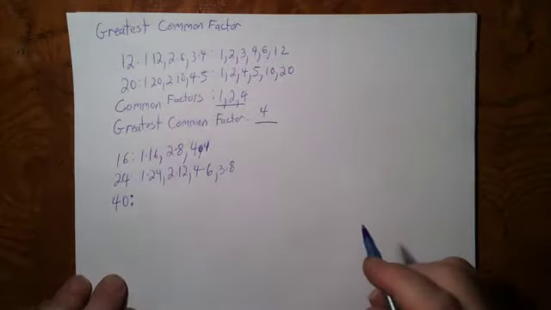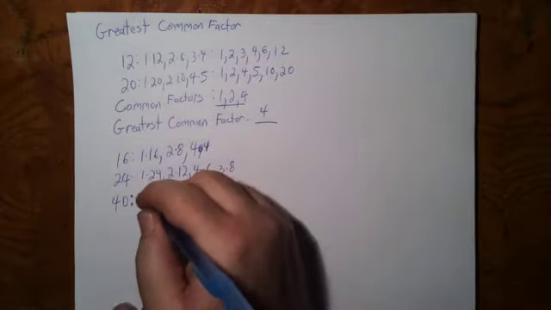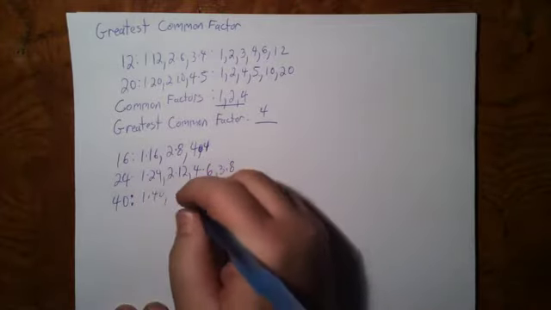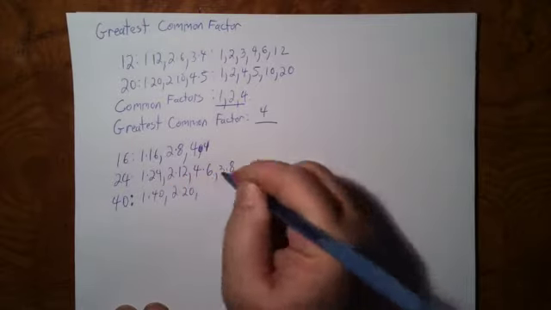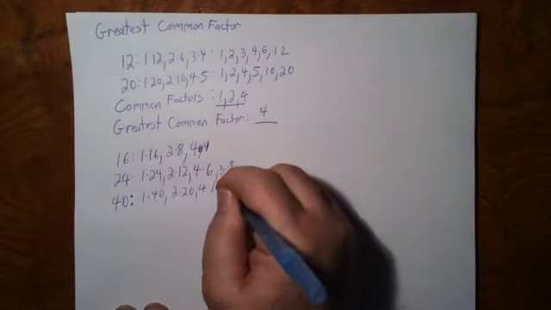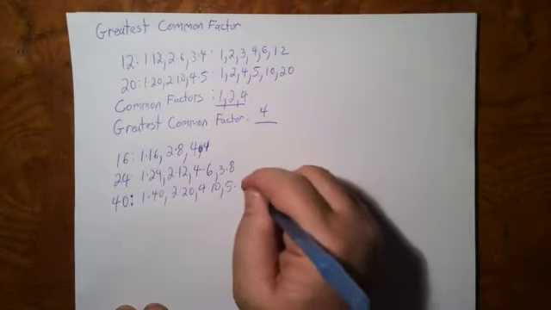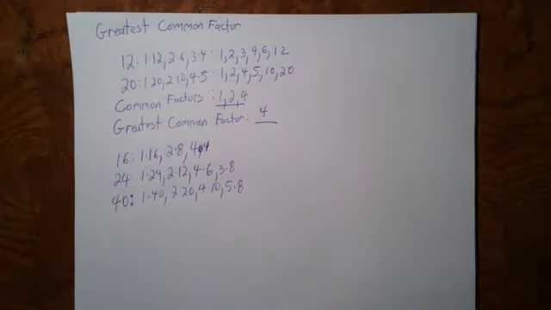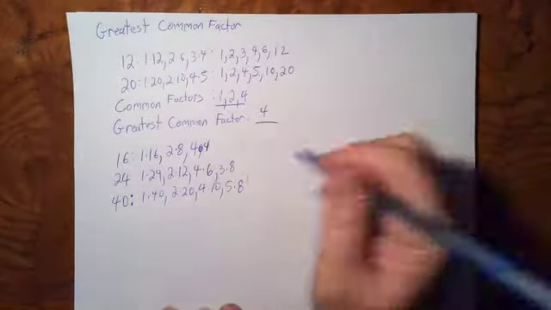These are also factors. For 40, we have 1 times 40, 2 times 20, 4 times 10, and 5 times 8. So here are all the factors for these, and again, like I did in the problem above, I'm going to list all these factors in numerical order.